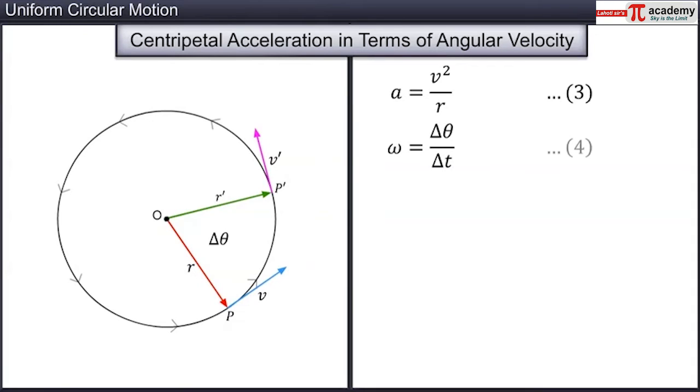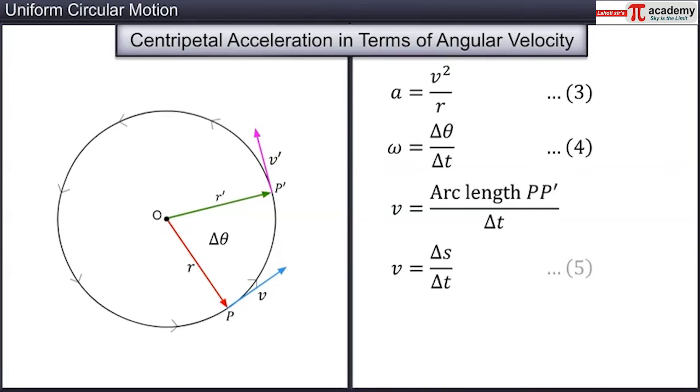Let this be equation 4. v is equal to arc length PP' by delta t, which is equal to delta s by delta t. Let this be equation 5. Delta s is the arc length, which is r delta theta. Let this be equation 6.